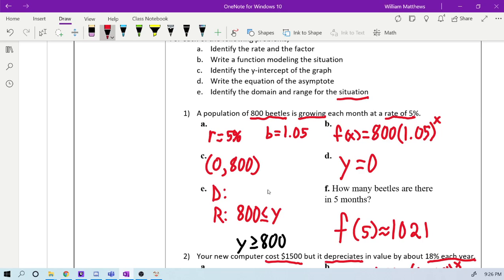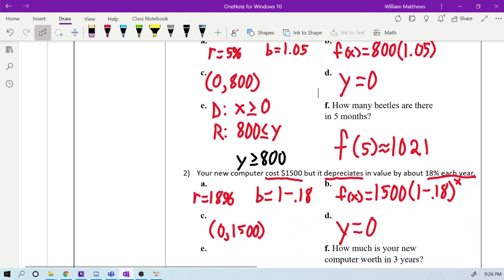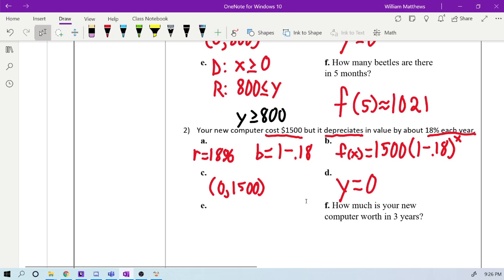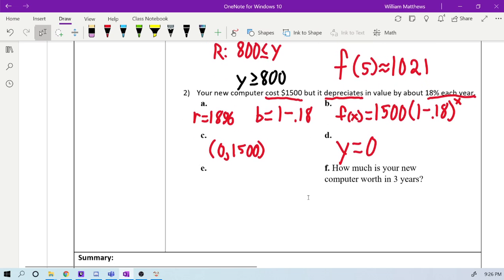As we would not have a negative population, we would say that x is any value greater than or equal to the starting value of 0. So for the model, which I accidentally did it based off of, it would be all real numbers. For the situation, it is starting at 0 time and increasing as time goes on, which is the same situation for this one.